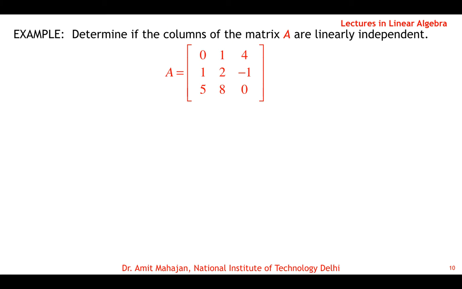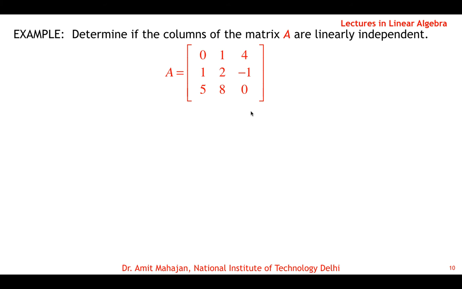I take one last example here. Determine if the columns of the matrix are linearly independent. The columns of the matrix will be linearly dependent by definition if there is at least one non-pivot column. So we reduce this to the equivalent form, or you can solve the corresponding homogeneous equation and reduce it to see if any one of these columns is a non-pivot column.